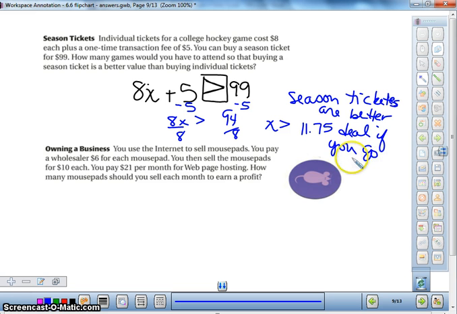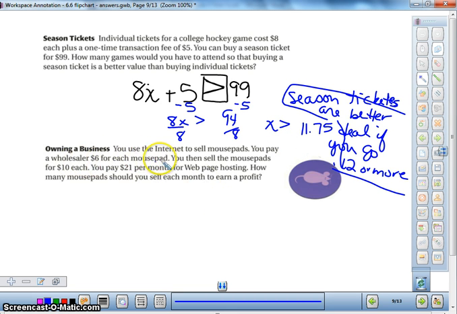So if you go to 12 or more games, that's when your season ticket would be beneficial. Whereas if we only go to 11 games or less, it's better to buy individual tickets.